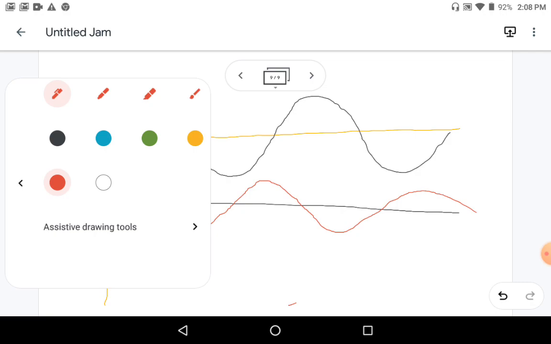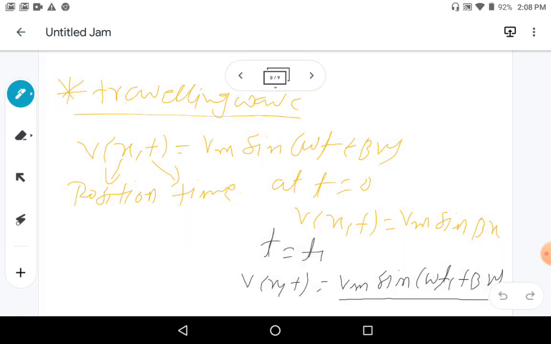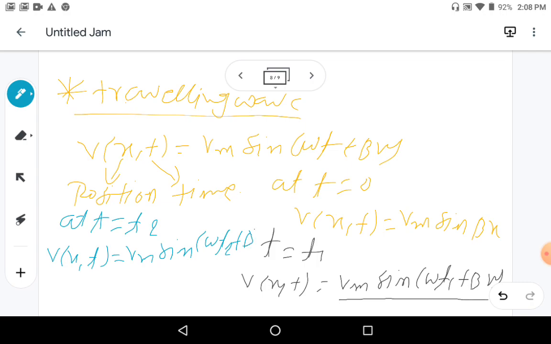Now if we take the third instant, t equals t2, then v of x,t equals Vm sin of omega t2 plus beta x.